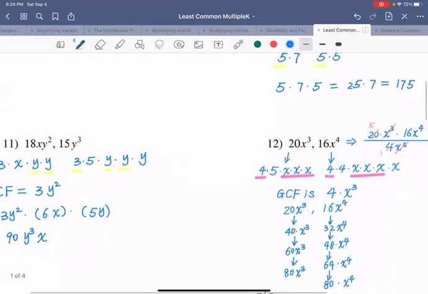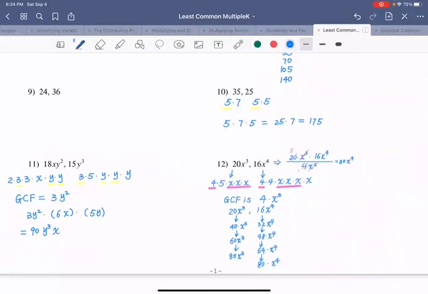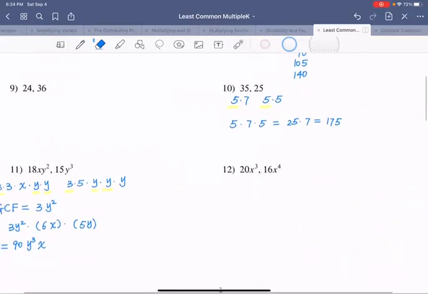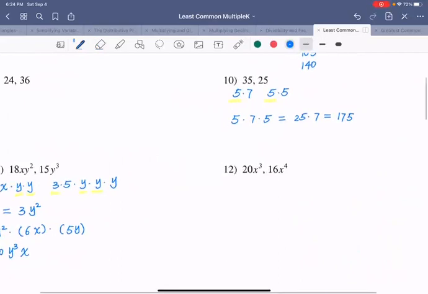Thank you. Very nice. Now, let's try number 12. Let's go ahead to this one. Go ahead, please. For 20, it's 2 times 10. 10 is a further factor.